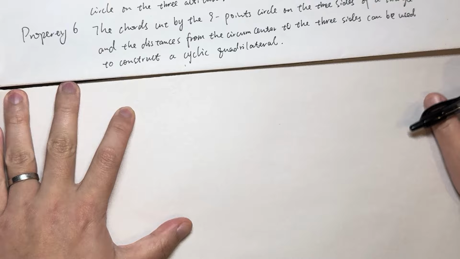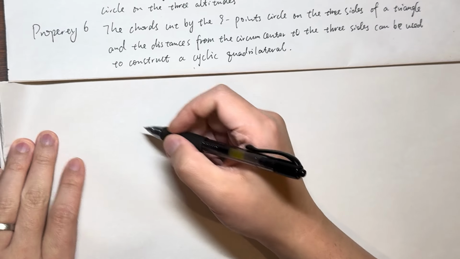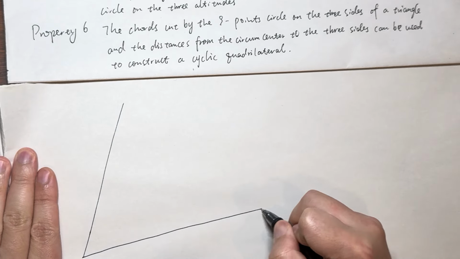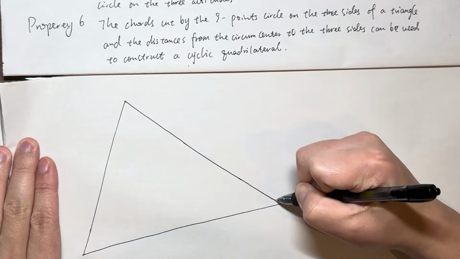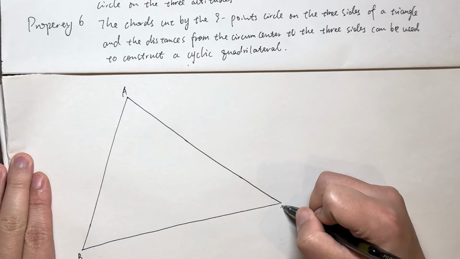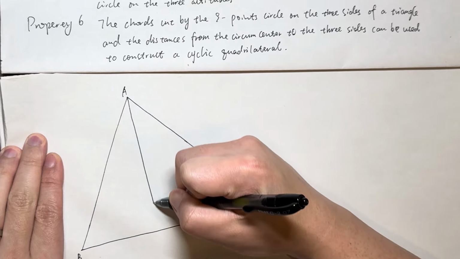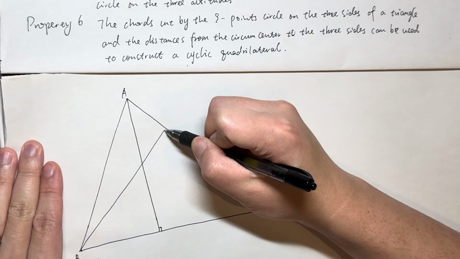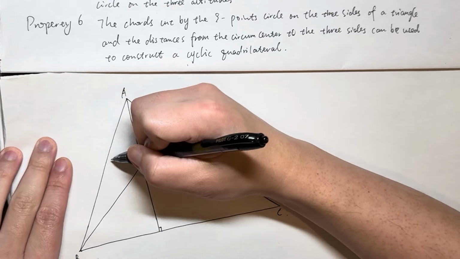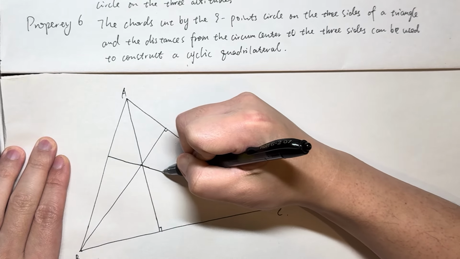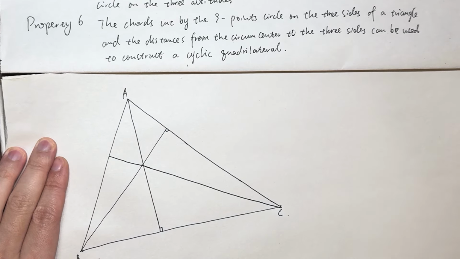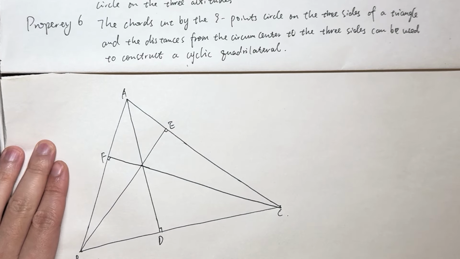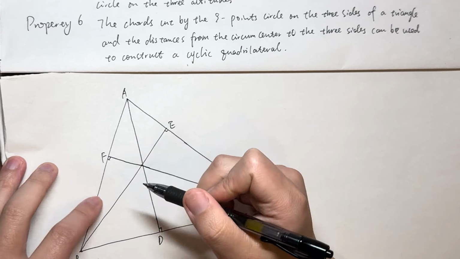So we have the triangle ABC here. Right, we find D, E, F here, right? And we want to find the midpoints.